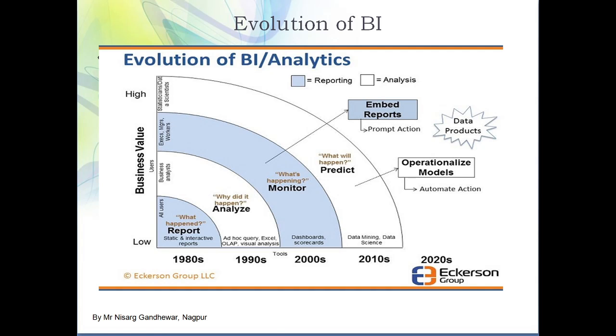At that time they used OLAP, which stands for Online Analytical Processing. Actually, it is a concept of data warehousing and data mining. Ad hoc queries were used, Excel was used, and visual analysis was also carried out in the 1990s, which helps us understand why it happened in a particular business, and generally it is done by the business analyst.